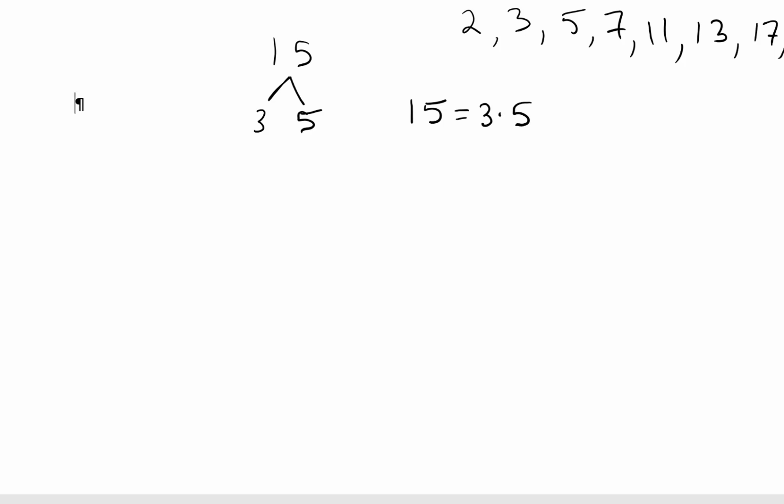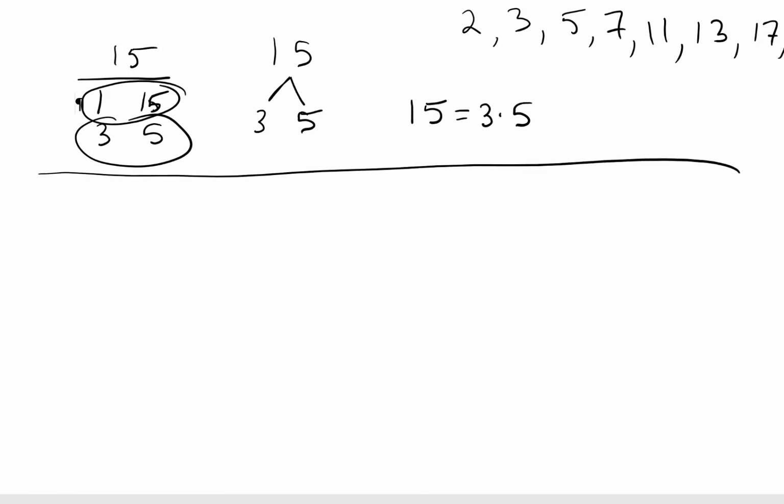These are different than saying what are all the factors of 15. If I were looking for all the factors of 15, I'd list all the things that when multiplied together give me 15. Well, I know 1 and 15, 3 and 5, no more factors. There are no more factors in these 2 sets of factors. But the prime factorization would just be 3 times 5, breaking up 15 into prime numbers.